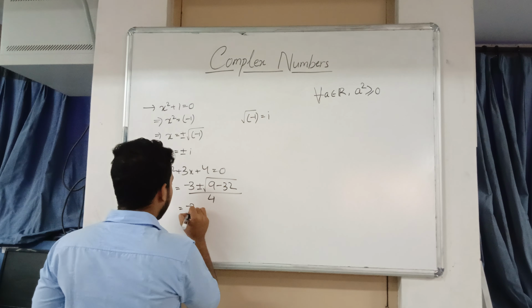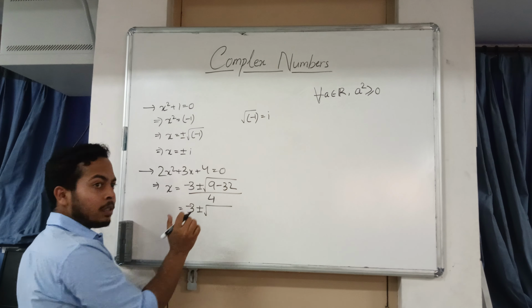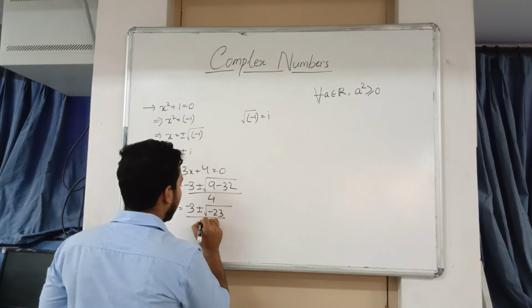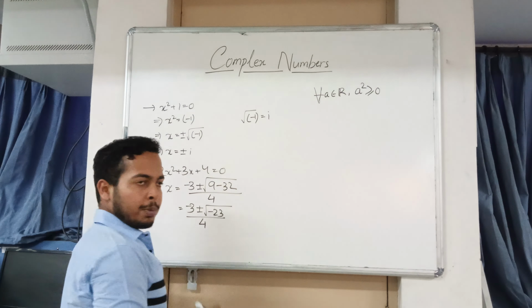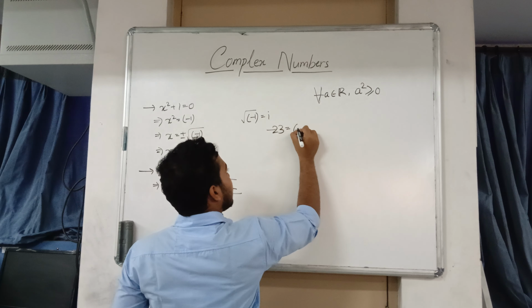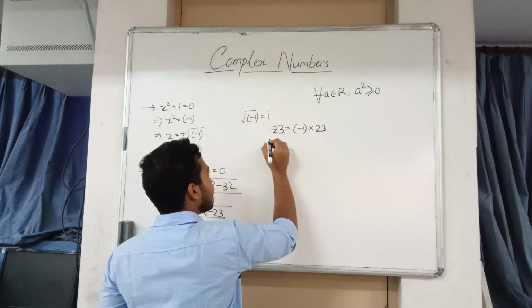That equals minus 3 plus minus root under 9 minus 32, which is minus 23, divided by 4.